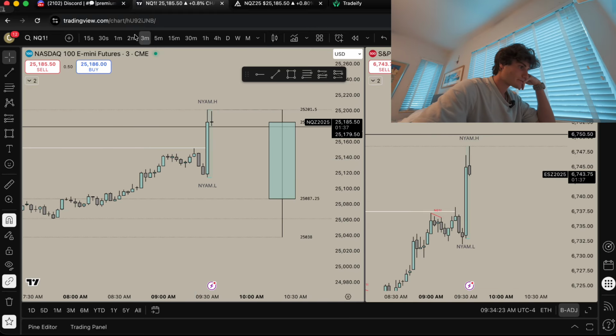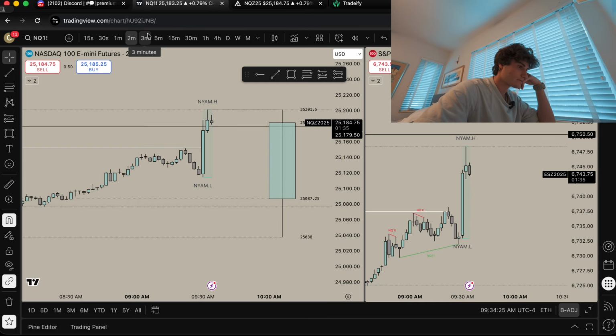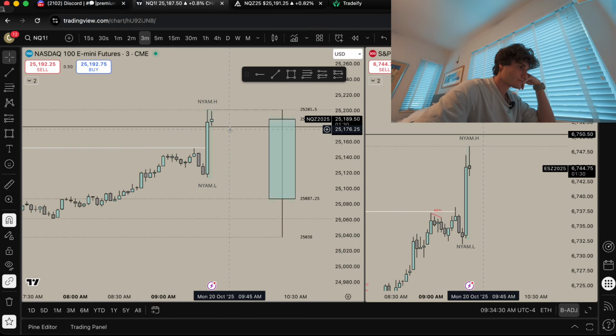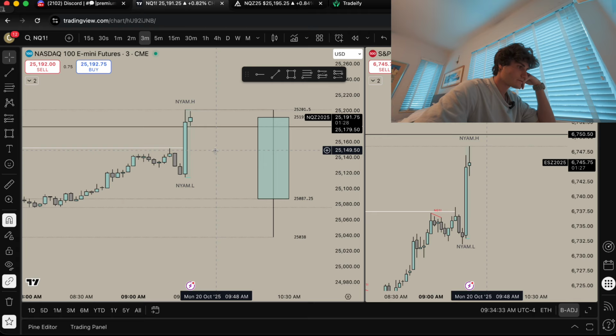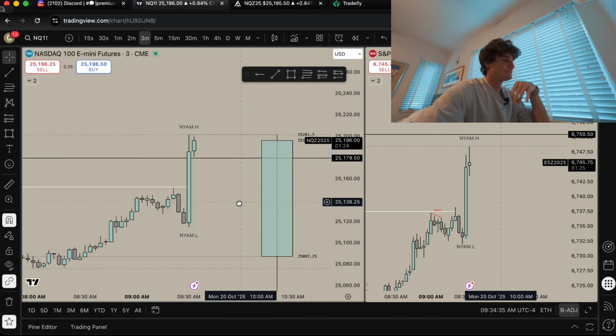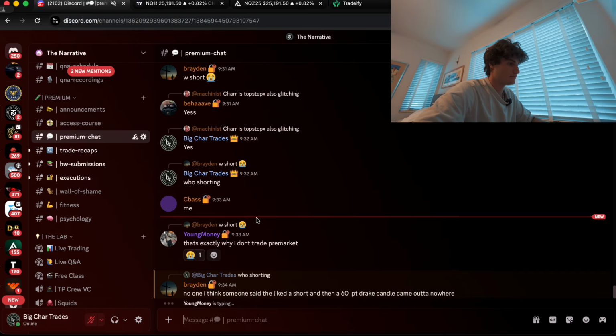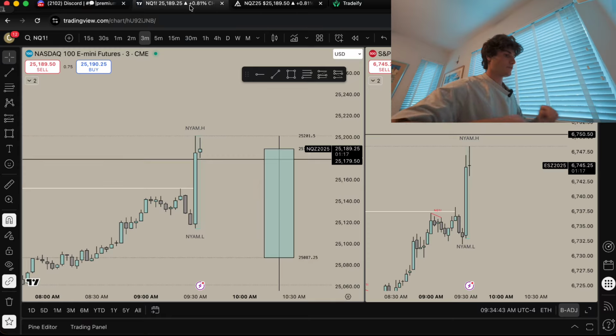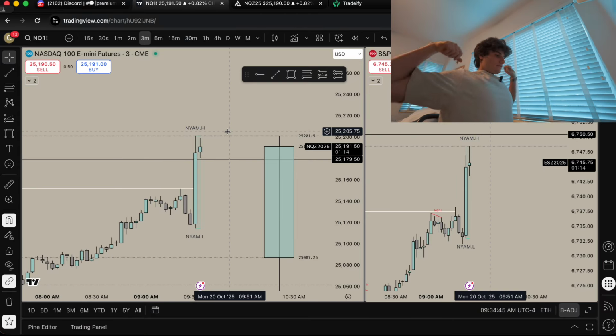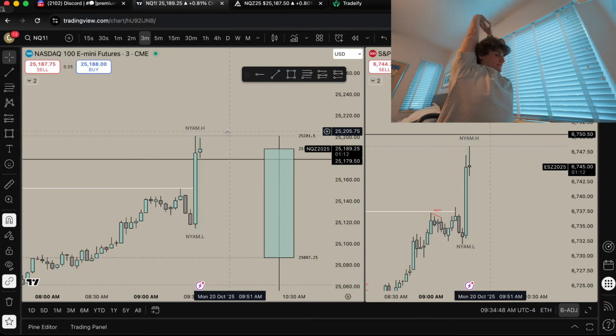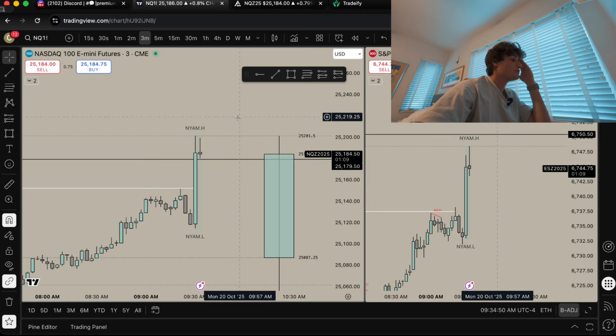But we'll see. Now we just wait. Can Tradeify please work? I want to take this trade on my Tradeifys. Come on, Tradeify, start working right now.